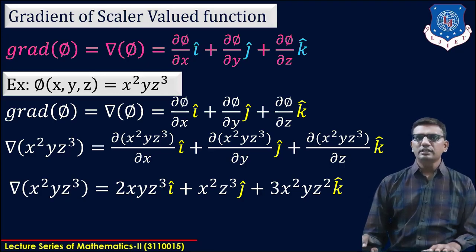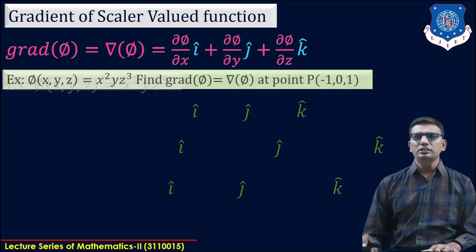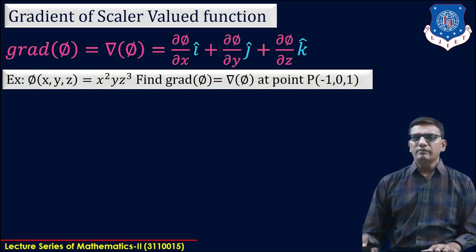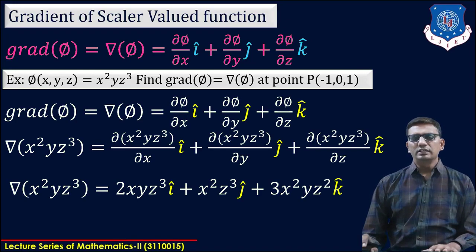Now we will find the gradient of the same function at a particular point (-1, 0, 1). Here we already found the gradient of phi for x square y z cube, so the calculation is already done. Here our final answer is 2x y z cube i caret plus x square z cube j caret plus 3x square y z square k caret.